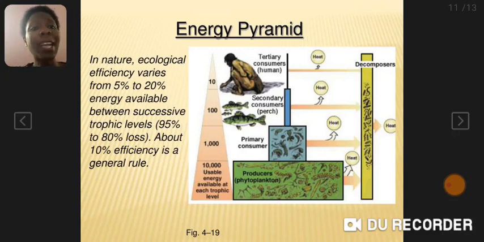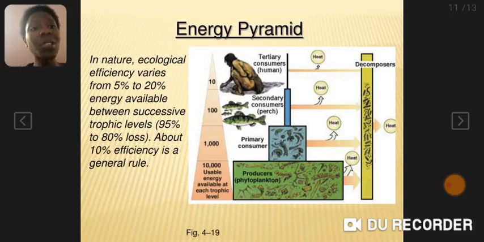Okay, so as you can see, there were 10,000, let's say, kilojoules of energy contained in the producers, all of them put together in a unit area of the ecosystem. Now, all the primary consumers that fed from them got only 1,000 kilojoules.